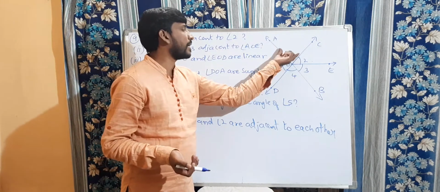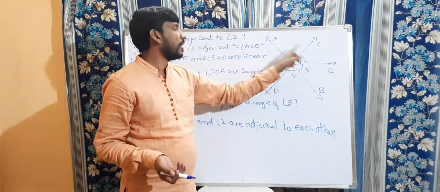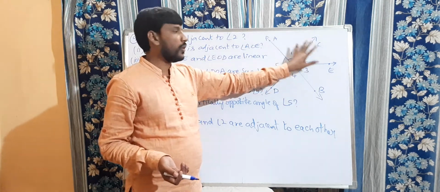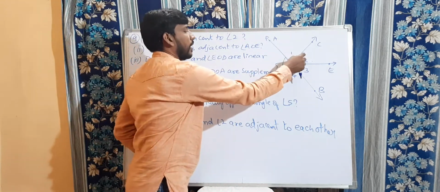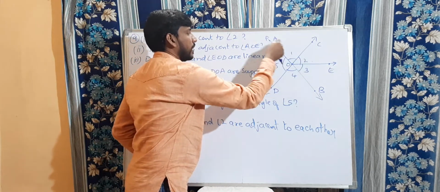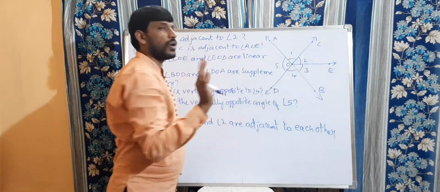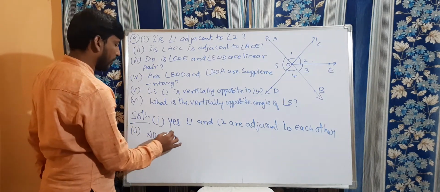Angle 1 is a part of this total angle. Clear? AOE is a combination of AOC and COE. So AOC is a part of AOE. So therefore angle AOC and AOE are not adjacent angles. That is no.